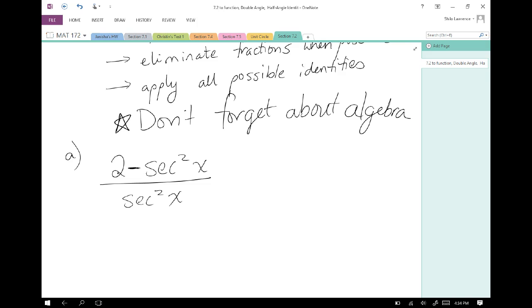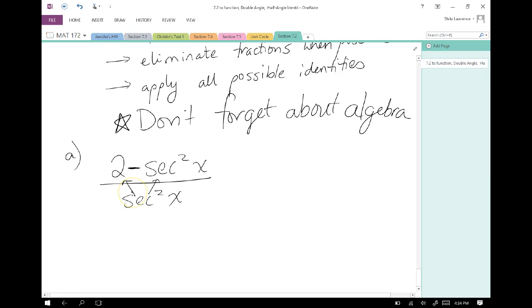What you can do, though, is divide them individually. Division and multiplication can be split up, but addition and subtraction cannot. So do not separate the subtraction. Don't try to cancel the secants because that secant is married to the 2 with the subtraction.